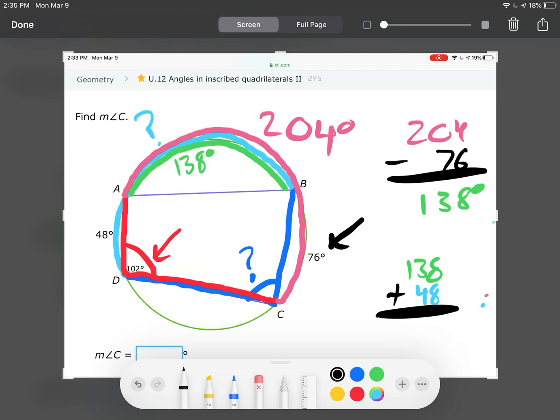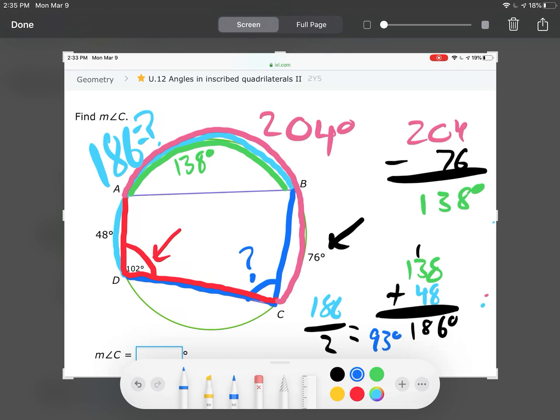That gives you, let's just do it. We get here 6, 1, so we get 8, 186 degrees for the entire light blue. And then you divide that by 2 to get the blue angle, which would be what? 98? No, 93. So 186 divided by 2 equals 93 degrees.